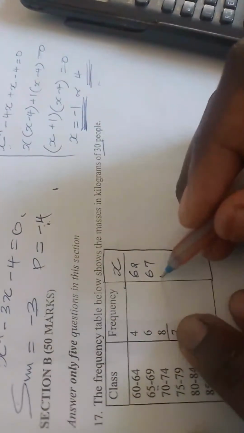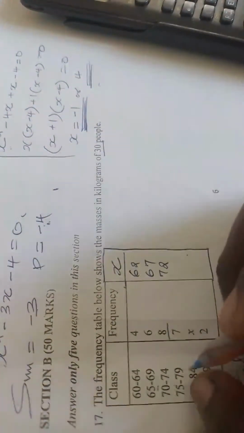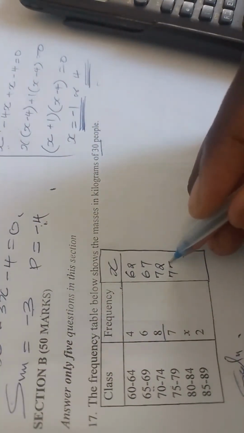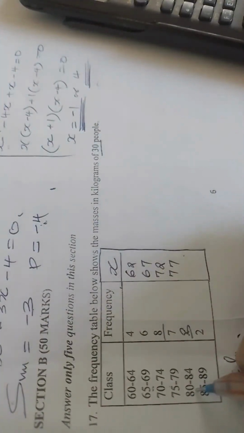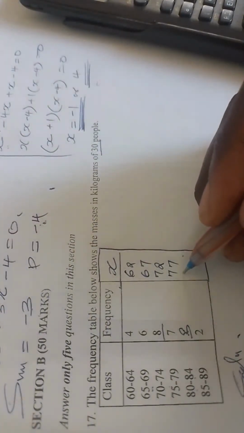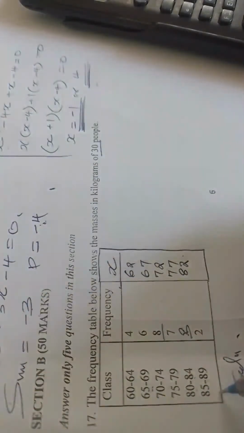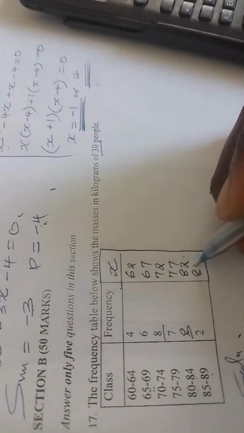This one will give us 72. 75 plus 79 divided by 2, this one will give us 77. This one we are told is 3. 80 plus 84 divided by 2, this one is 82. 85 plus 89 divided by 2, this one is 87.